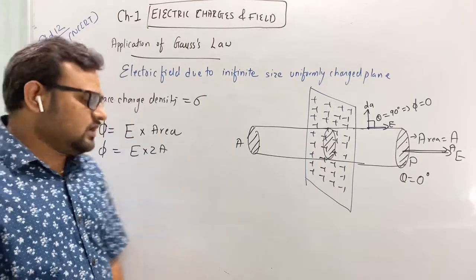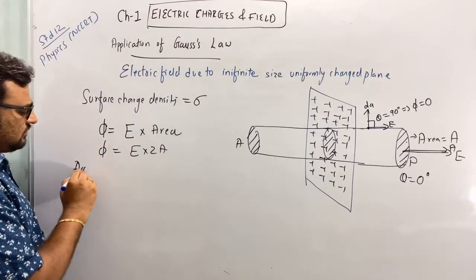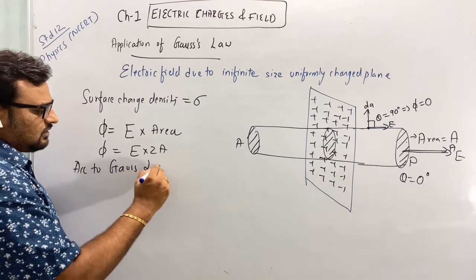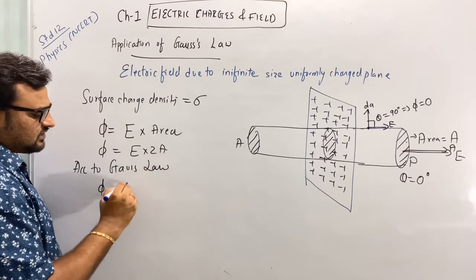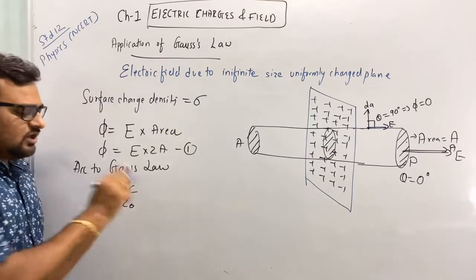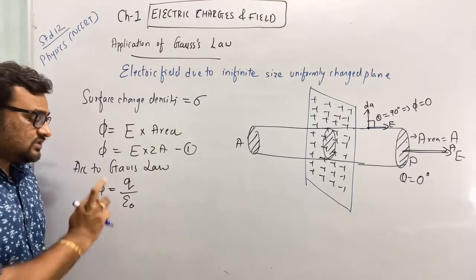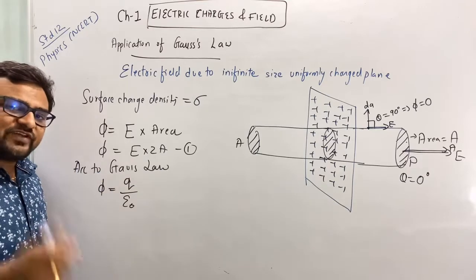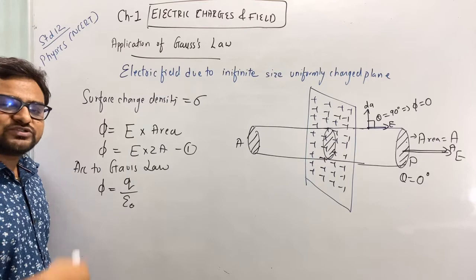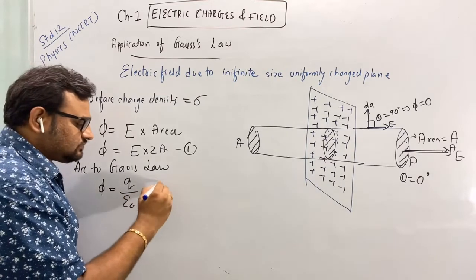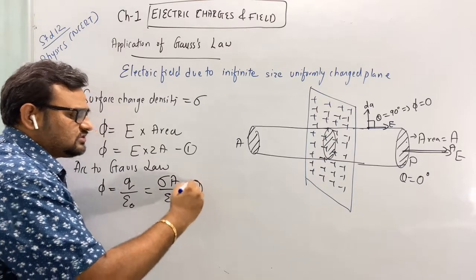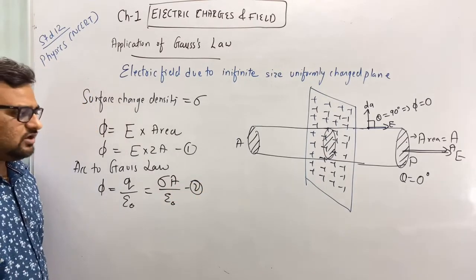According to Gauss law, this is equal to q by epsilon 0. Let me call this 1. And what is q? If the surface charge density is sigma, then q equals sigma into A, over epsilon 0. So this is 2.